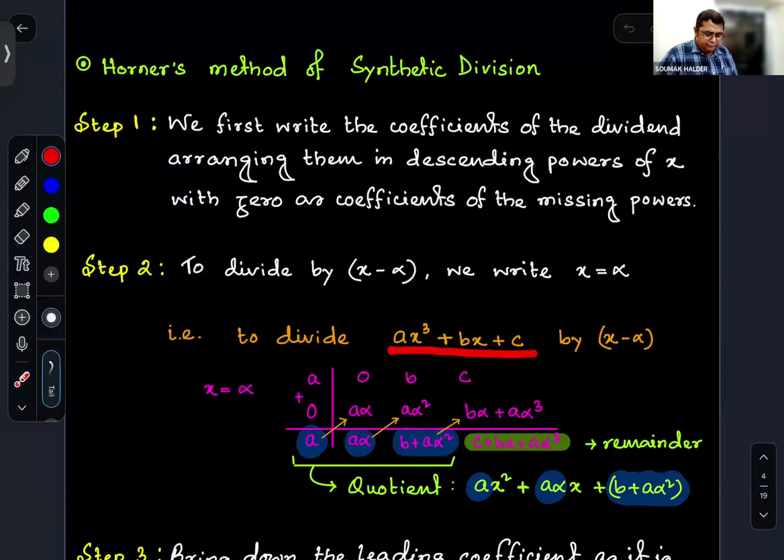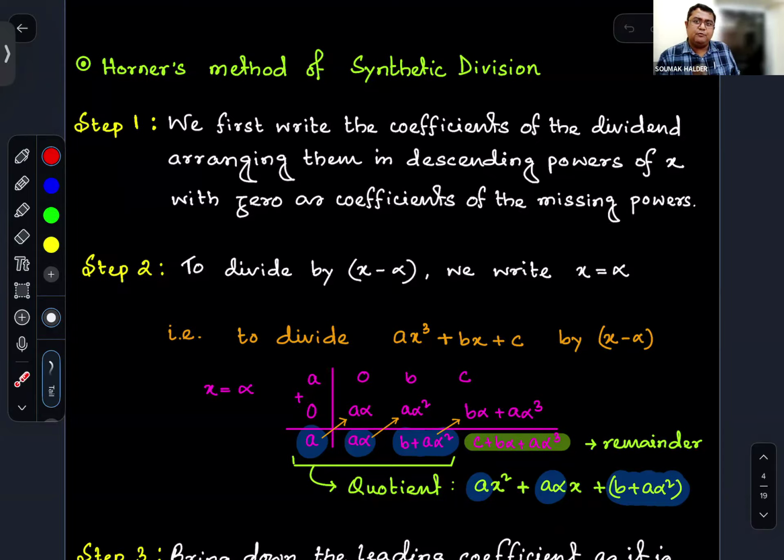So as per step 1, we should write ax cube plus bx plus c in the form of a, 0, b, then c. Is that okay? Now we are carrying the first coefficient or the leading coefficient as it is. Carrying the leading coefficient as it is can also be marked as addition of 0 with it. So this part is fixed.